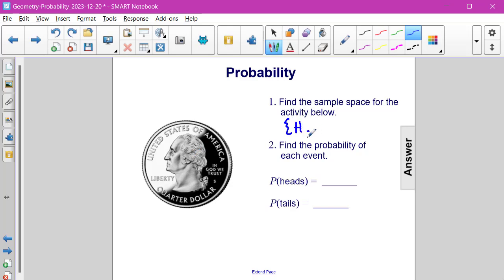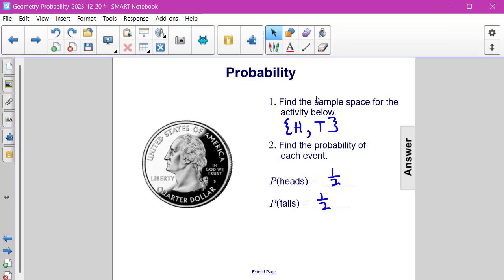So we could write H and then T, H for heads, T for tails. And now let's find the probability of each event. The probability of flipping heads would be 1/2, and the probability of flipping tails will also be 1/2 because the coin is equally likely to land on each side.